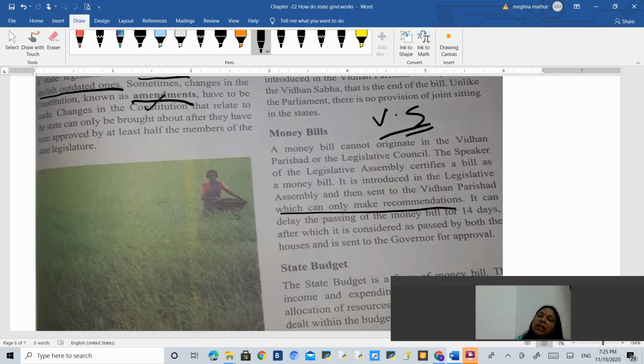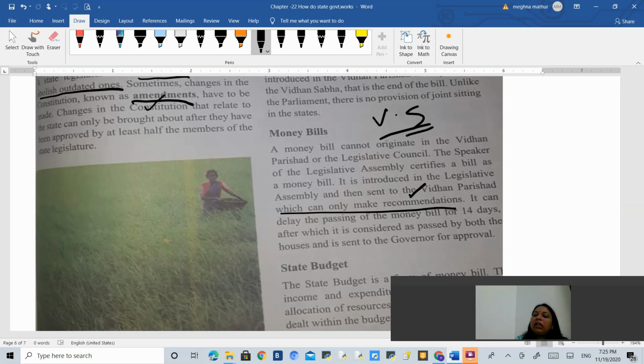If it is passed, it will go to Vidhan Parishad, who can only make recommendations. They can only give suggestions. They cannot cancel it. Once it is passed by Vidhan Sabha, Vidhan Parishad cannot cancel it. After that, it will go to the governor.